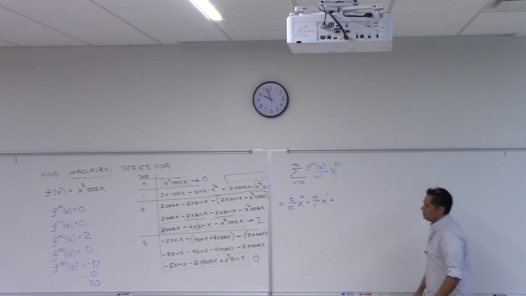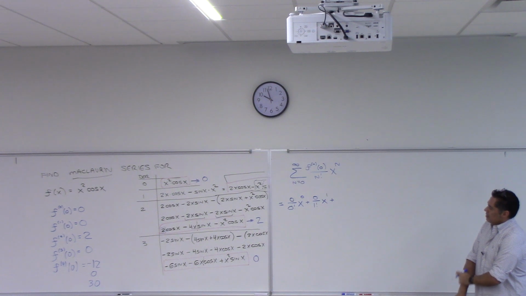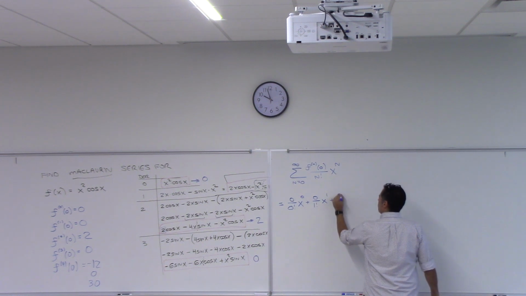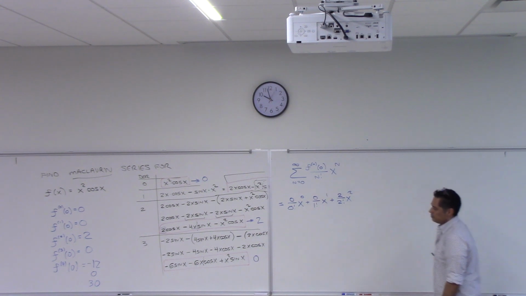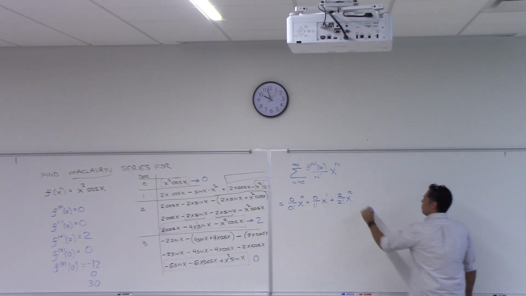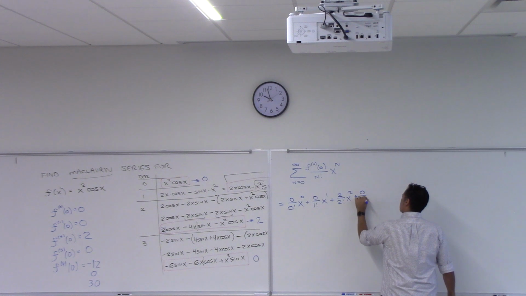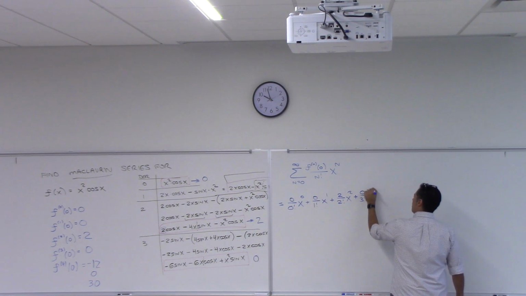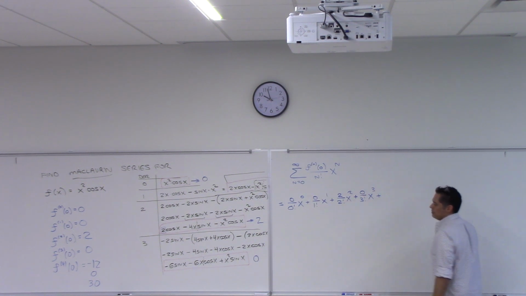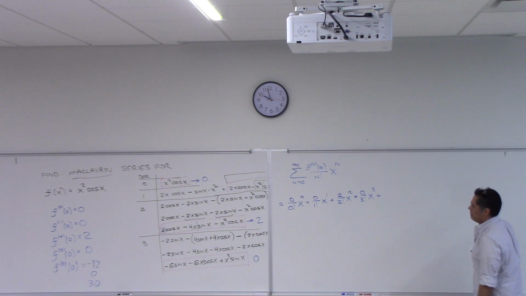Plus, what's my next one? 2 over 2 factorial x squared. Next one. 0 over 3 factorial x to the third. Next one. I'm at 4, right?